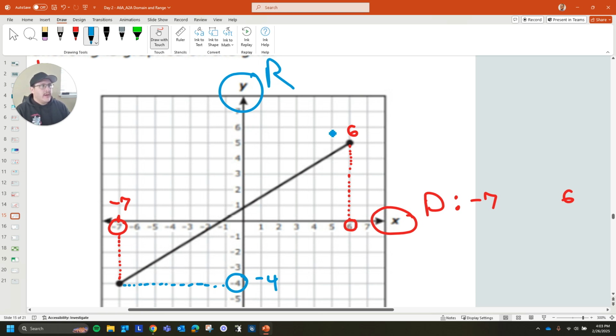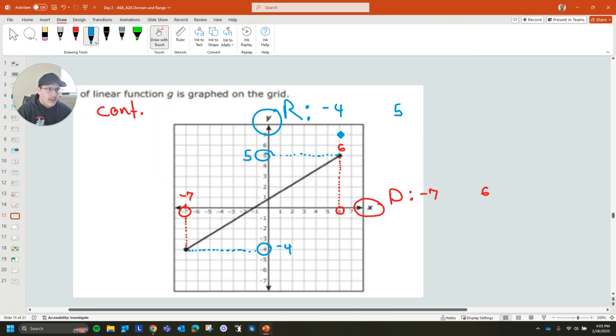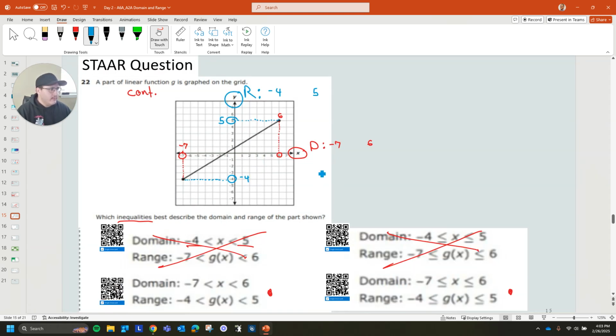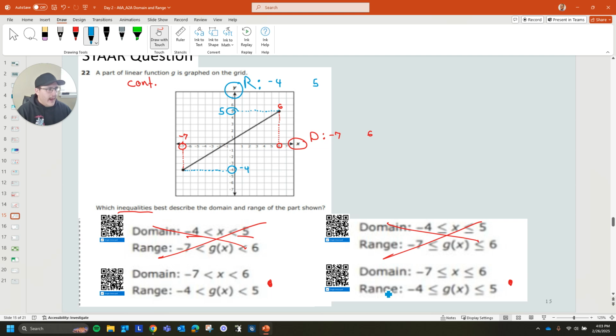Okay, let's look at the connecting y value of the top of the line. And it's +5. Okay, so I know that for my range, it's got to be between -4 and +5. Okay, let's look at our answer choices. -4, 5, -4, 5. Okay, so we're good so far. Those are still the two choices.